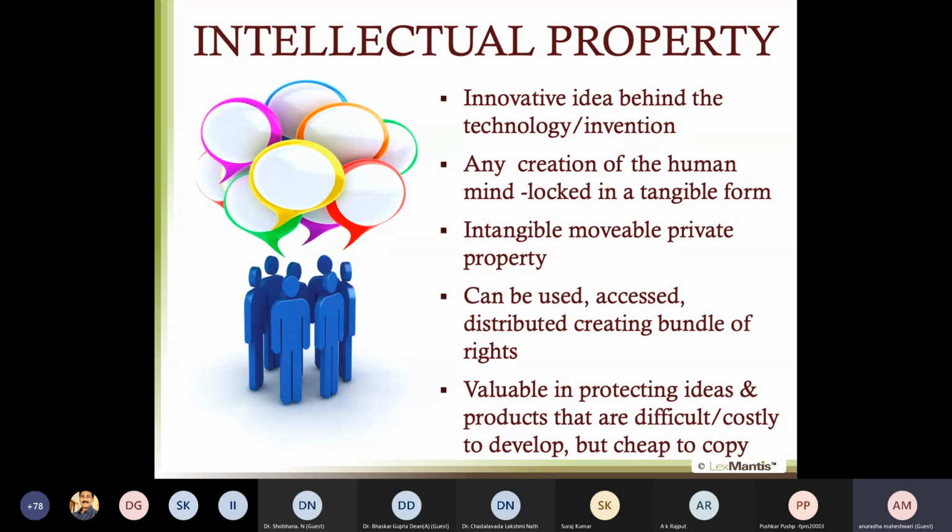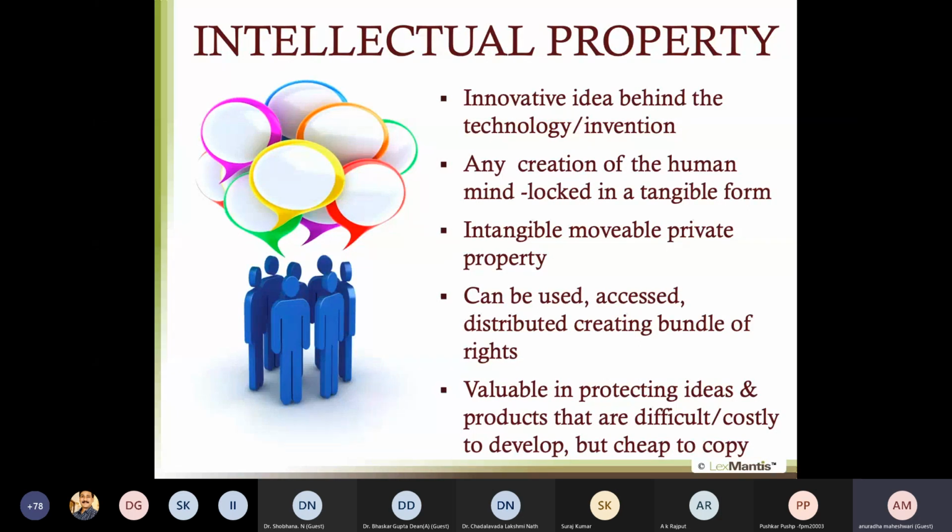You know, as we would say in Hindi, जिस आइडिया का कोई दाम नहीं है, that idea has no value. So we should be able to price the idea and take it to the next level, which means we should be able to sell the idea. So such ideas which have value in them, which have an innovative aspect to them, are the ideas behind technologies and inventions.